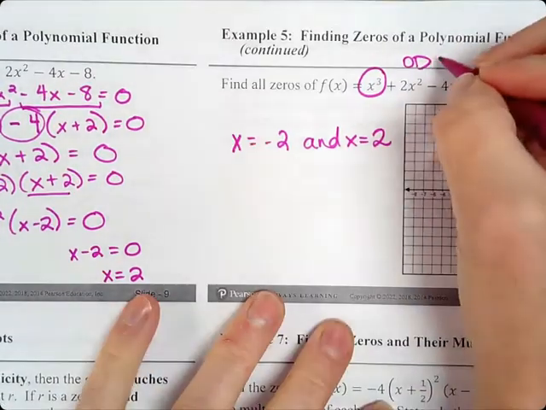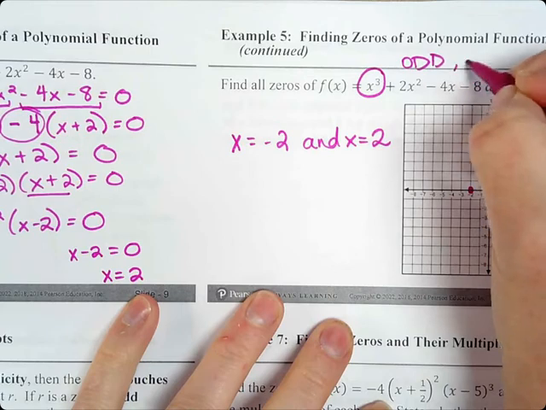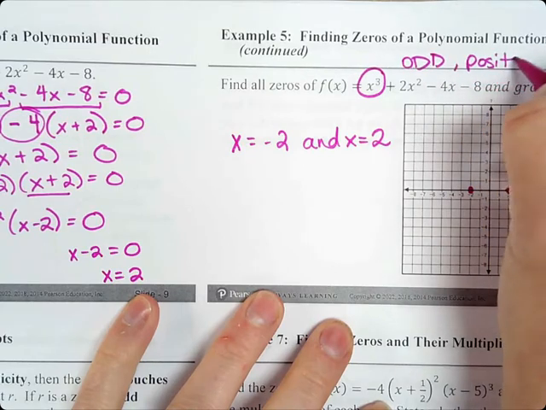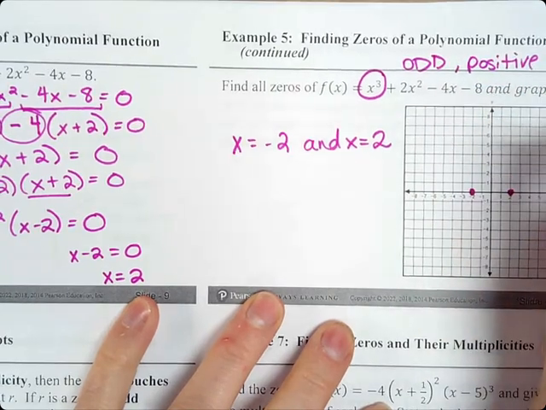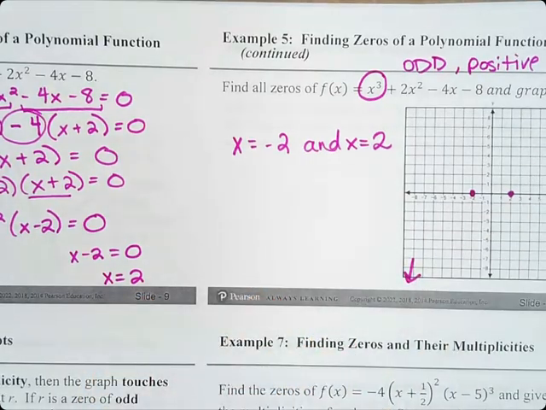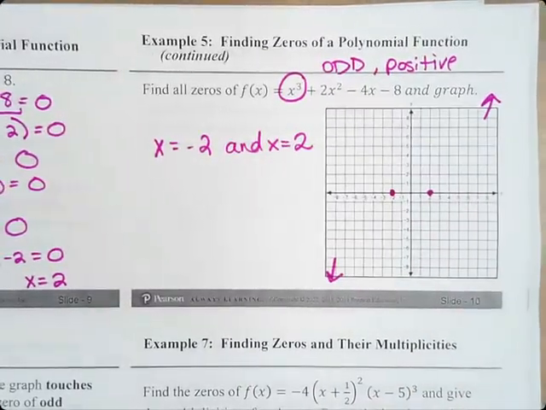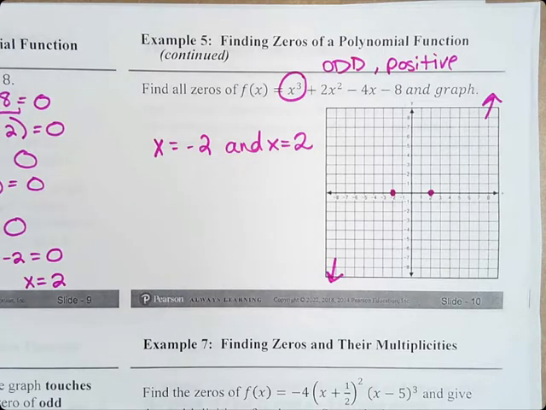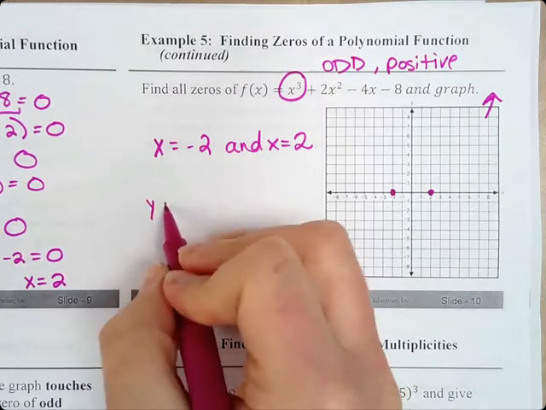Okay, so this is odd and the leading coefficient is positive. So we know at the end it's going to go up. Beginning, it's going to go down. So I just put it like that. Is there anything else that I know that I can graph on here? Yeah, the y-intercept.